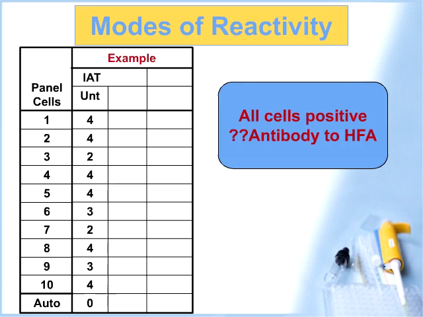As an example, I have just put up a panel here, and this is one method, untreated cells tested by the indirect antiglobulin test. At first glance, you would say all cells are positive. This could possibly be an antibody to a high-frequency antigen. There's variable reactivity, might be a mixture.